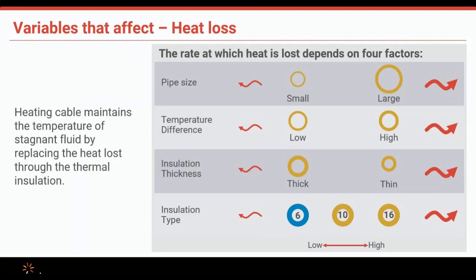The smaller the pipe diameter, the less heat losses you have; the larger, more surface area, more heat losses you have. So if you come to me and say, I have a 2-inch pipe, I might say, okay, yeah, we can put a 5-watt cable on there. But if you have a 10-inch pipe, it might end up being a 12-watt cable. So please be aware pipe size is a big factor.